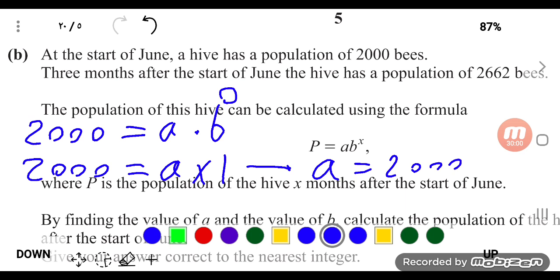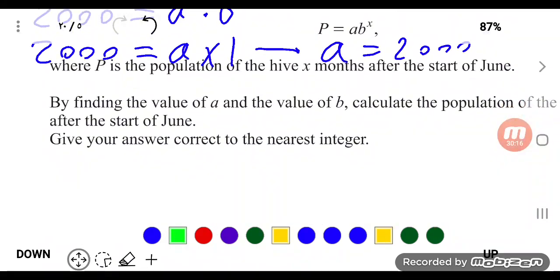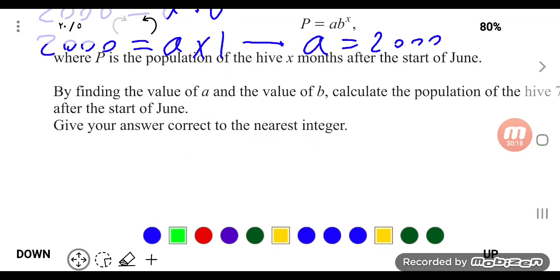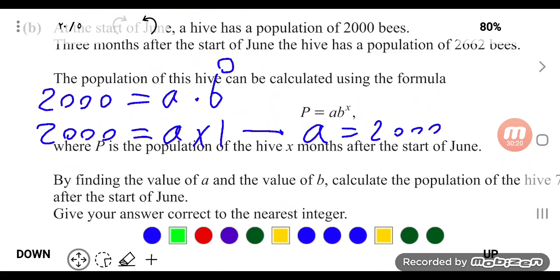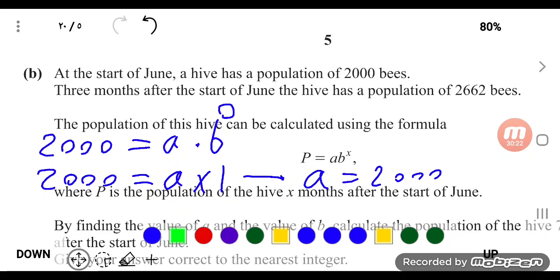Okay, now to find B, what do you do? Also, let's plug in the equation. Let's see what we have to do here. After finding A, you are given here now 3 months later, means X has become 3.